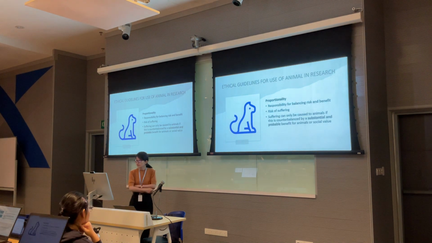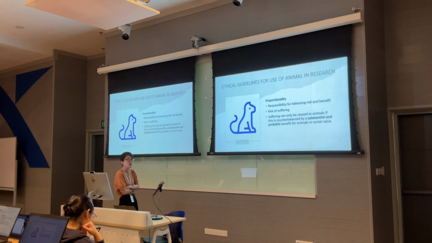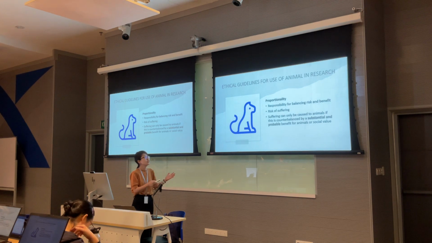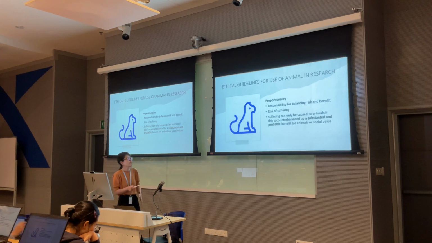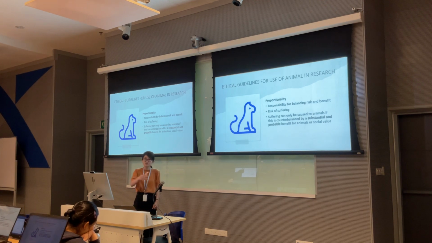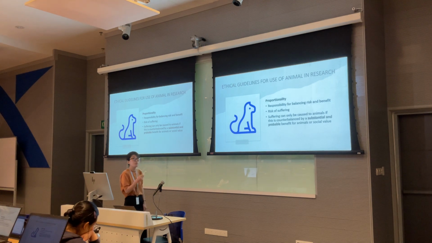So next one, you need to balance the risk and benefit. Although they are animals, you need to make sure your study balances the risk and the benefit. If your study involves very high risk or is very toxic, where all the mice can die suddenly, you need to pay extra attention to your experiment design.